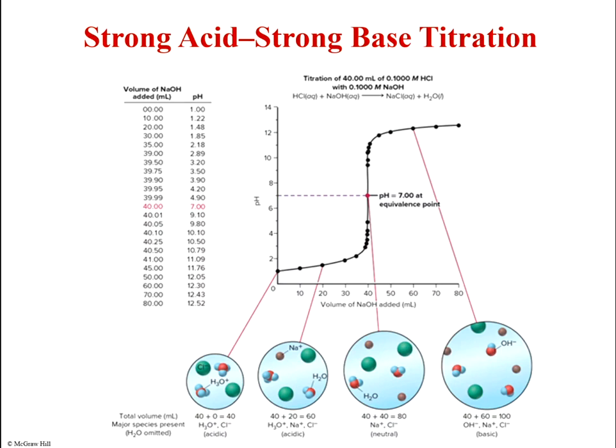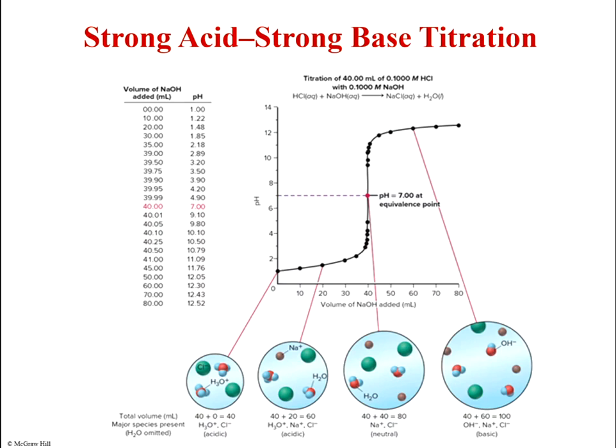Since we have 40 milliliters of 0.1 molar HCl, if we're reacting it with 0.1 molar sodium hydroxide, and it's a 1-to-1 reaction, we're going to need 40 milliliters of the sodium hydroxide to have equal numbers of moles of the hydrochloric acid and the sodium hydroxide. So in this case, 40 milliliters will be our equivalence point. And we see once we reach the equivalence point or get very close to it, the pH rises up very quickly.